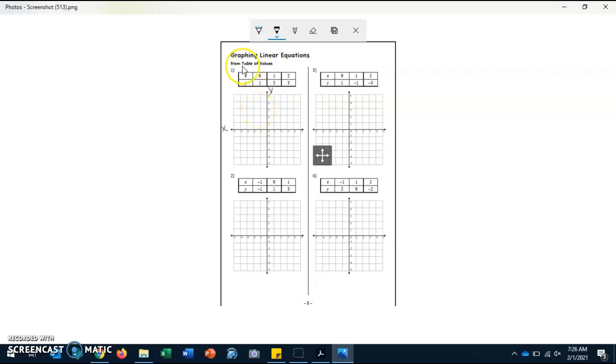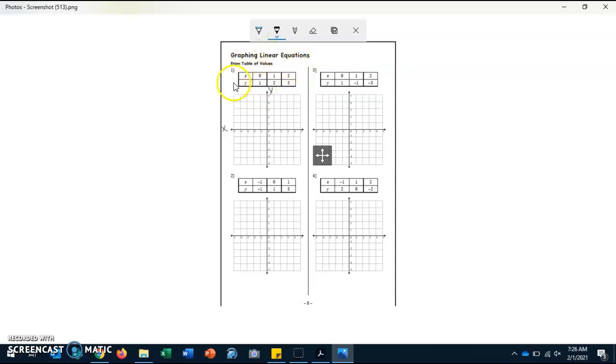So today they're not giving us an equation to find out like we were usually doing, like 2x minus 1. They're giving us a table with the values already in it. In our last worksheet, we had to find the values in order to graph. However, that is not the case today.